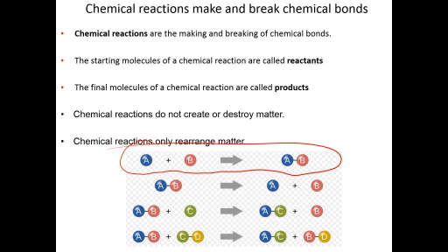You can have a rearrangement reaction where you have AB plus C, and C joins with A, and B is an additional product that's left over. You can have a double rearrangement, where you have AB and CD and you form AC and BD. So there are different types of reactions.